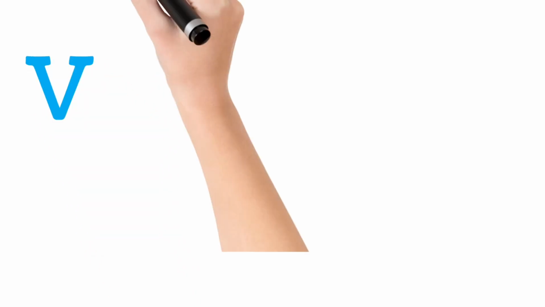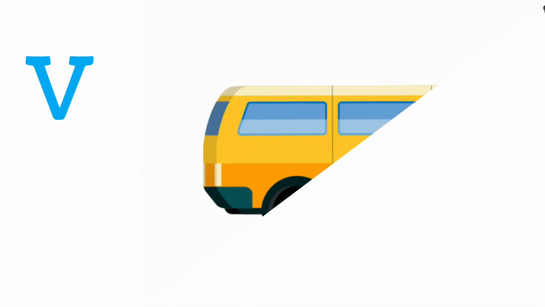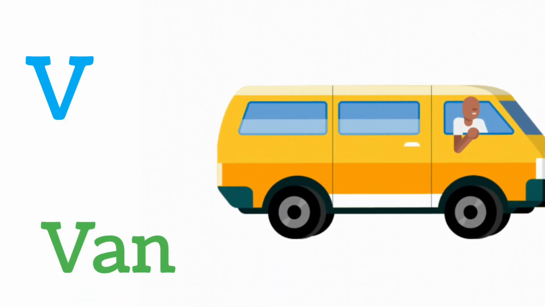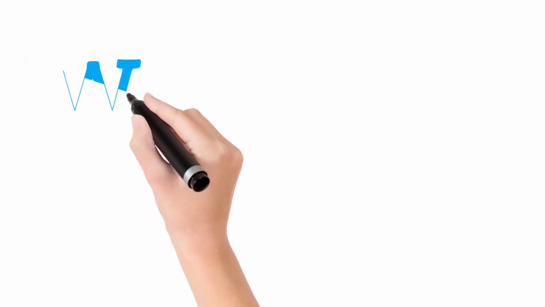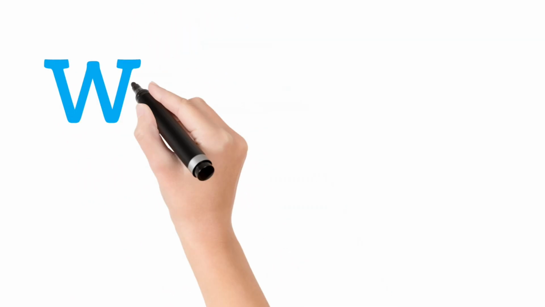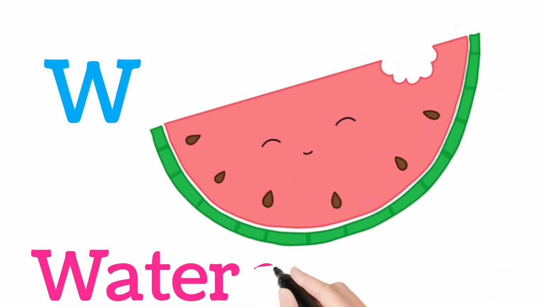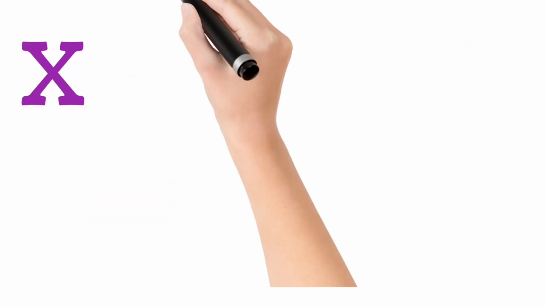V for van. V for van. W for watermelon. W for watermelon. X for x-ray.